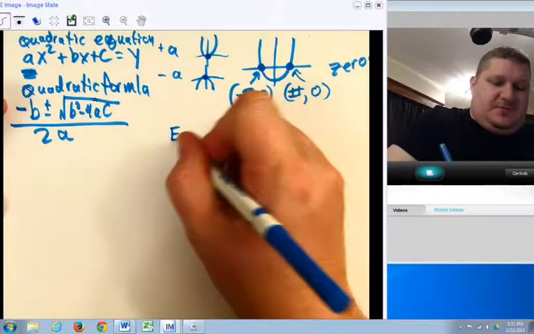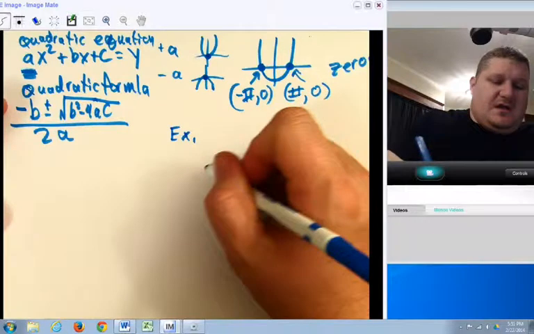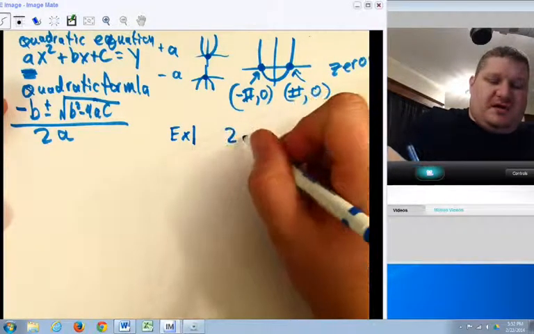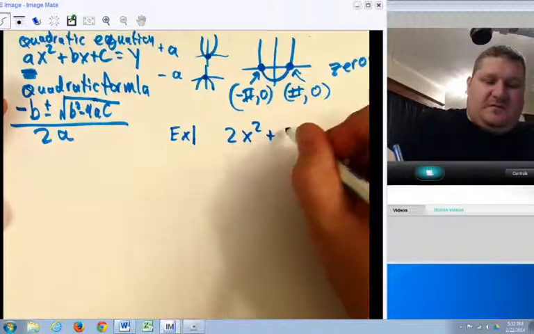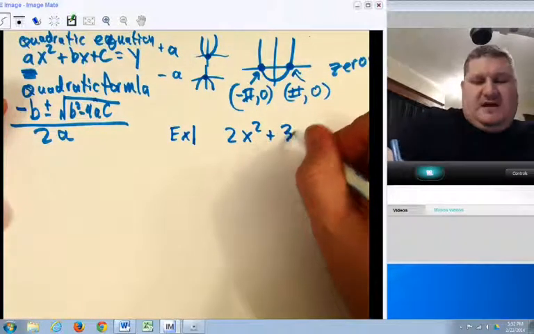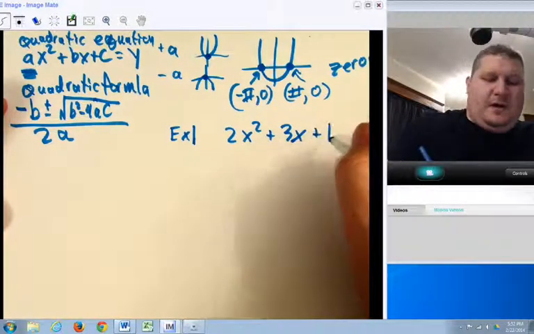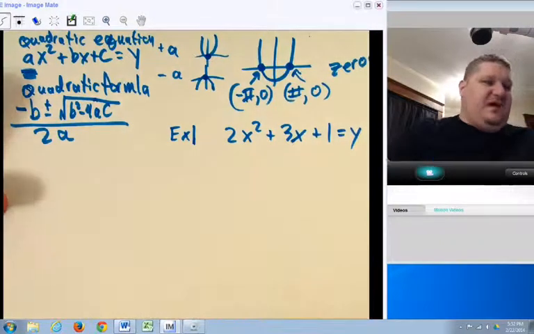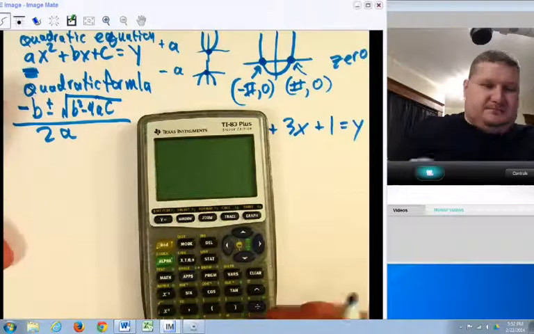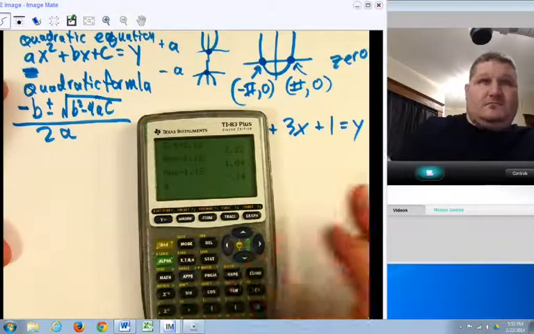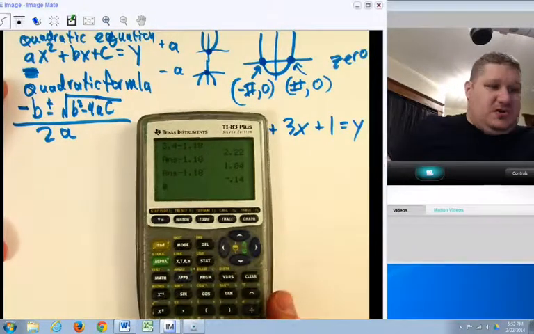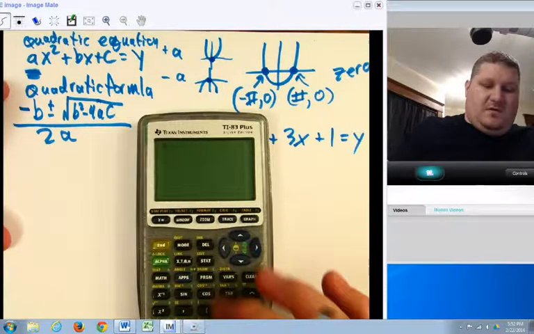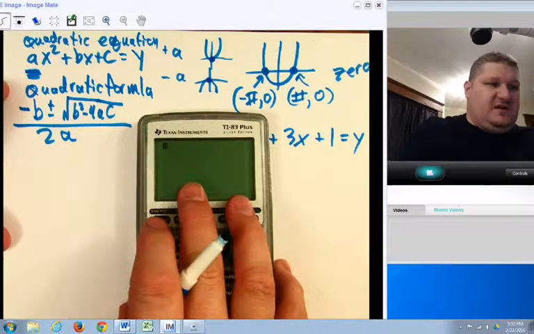So example number 1, let's go with 2x squared plus 3x plus 1 equals y. Now, I can graph that by going to the calculator, making sure that I'm in function mode. Tell you what, let me make it easier for you to see by using a different one.